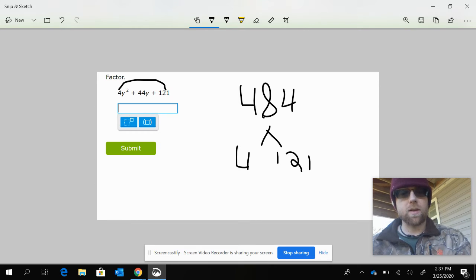That won't work. Let's say 8. No, 8 won't go in there. Then we got 6. Will 6 go in there? No, 6 won't go in there. 7.